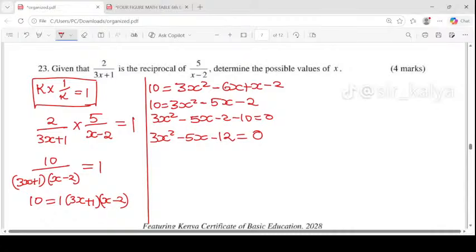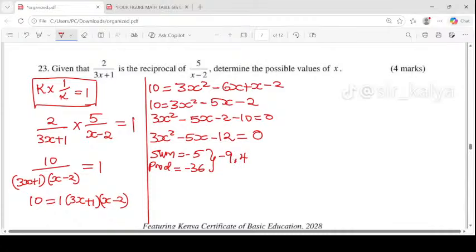I'm looking for two numbers where the sum is negative 5 and the product is negative 36. The two numbers here are negative 9 and positive 4.